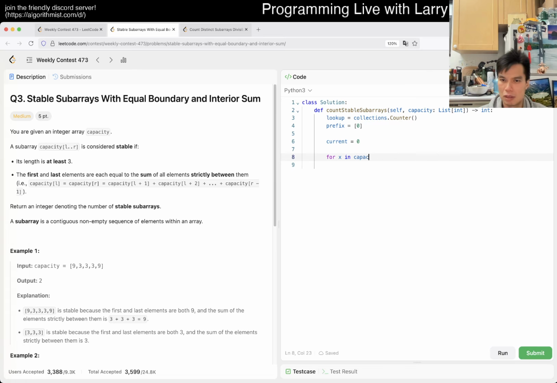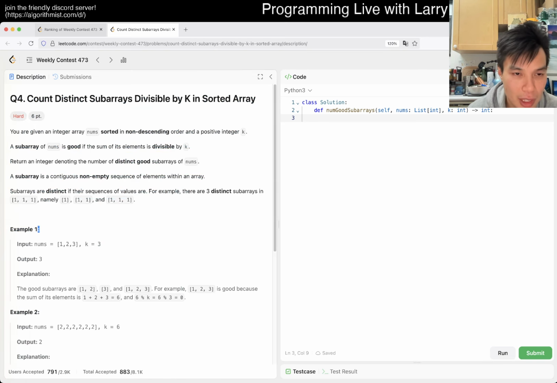Count distinct subarrays divisible by k and sorted. You have nums sorted and a k, subarray. Is this a subarray problem? Maybe. N is big, okay. So it's not DP, or maybe it still is. I don't know. Sum of the elements divisible by k.